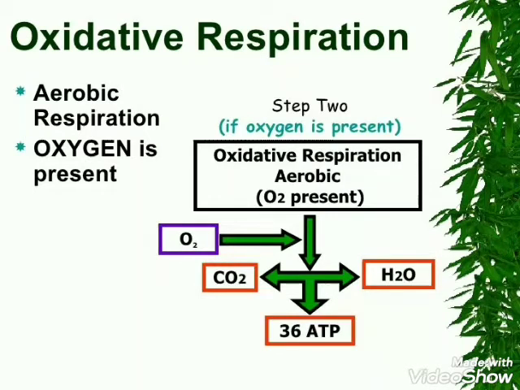Pyruvic acid, which is formed after the first step of glycolysis, gets transported from the cytoplasm into the mitochondria. The events that take place in aerobic respiration are: number 1, the complete oxidation of pyruvic acid by the stepwise removal of all the hydrogen atoms with the release of 3 molecules of carbon dioxide.